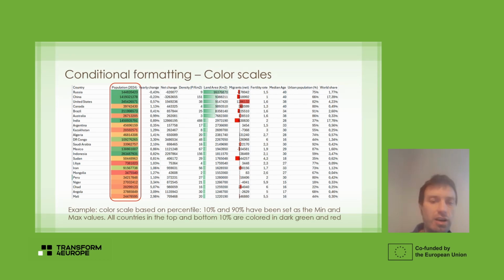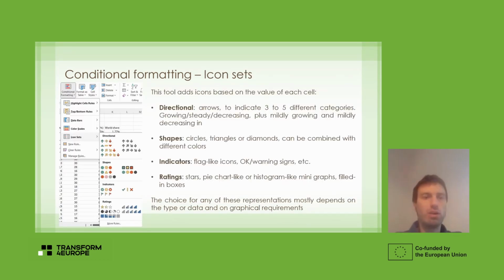And on the other hand, I have the countries which are in the bottom 10%, probably Libya and Mongolia in this case, which will be colored in dark red because they are placed in the bottom 10%, okay? All the others are in between, and they have a gradient filling depending, as I told you, on the percentile.